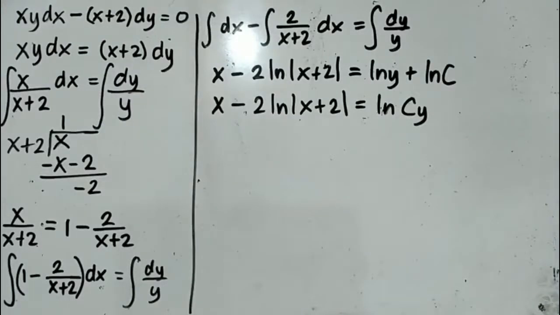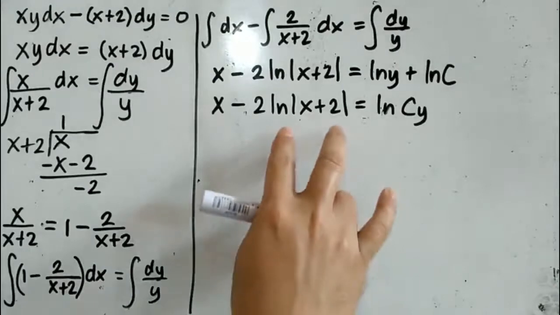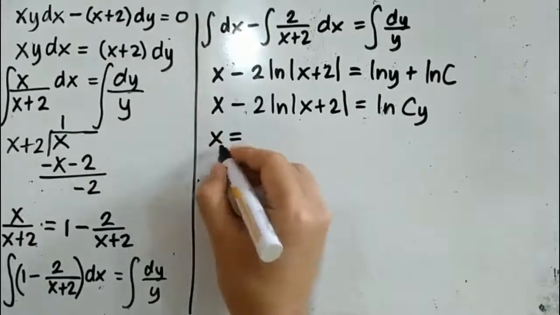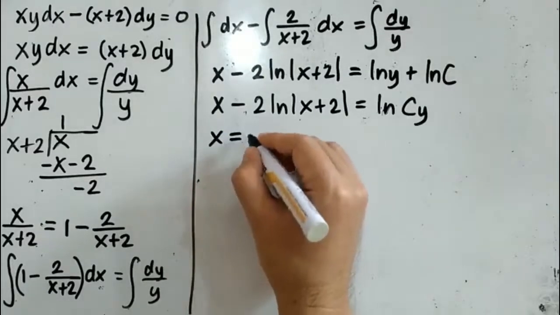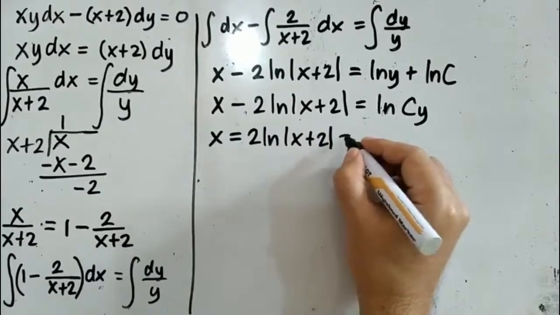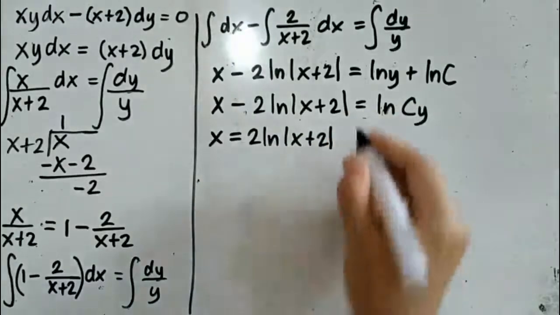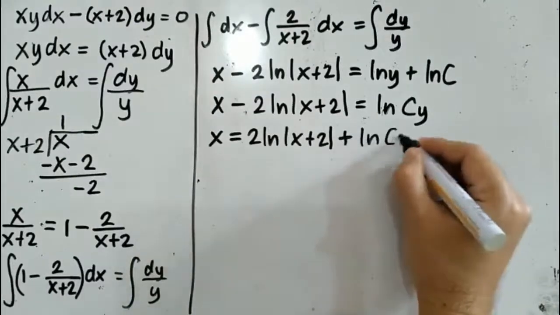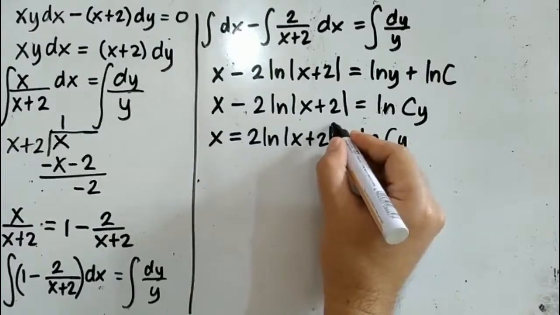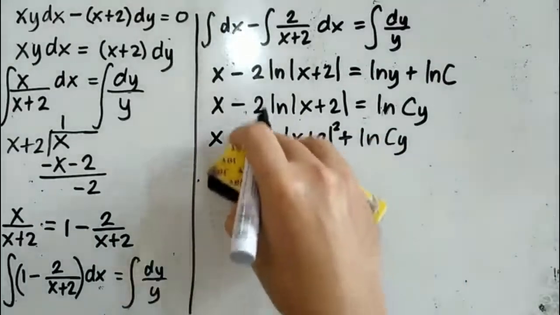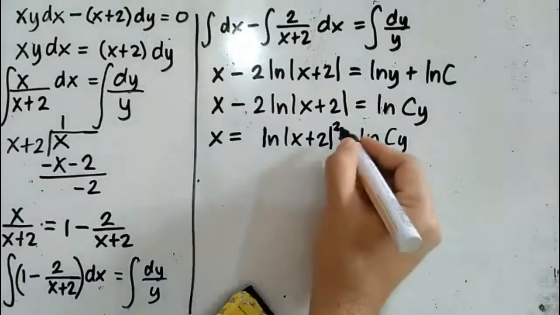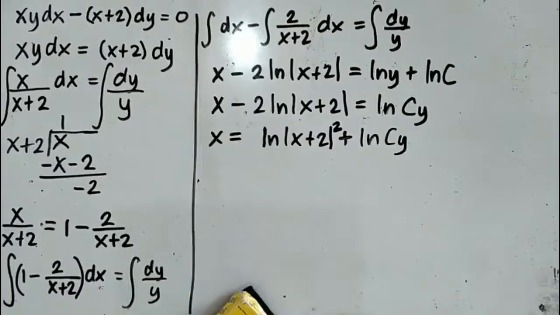Okay, and we can move this to the right side, so we can equate everything in terms of x. x equals 2 ln of x plus 2 plus ln of cy. We can rewrite this so that the coefficient 2 would be the exponent of x plus 2.